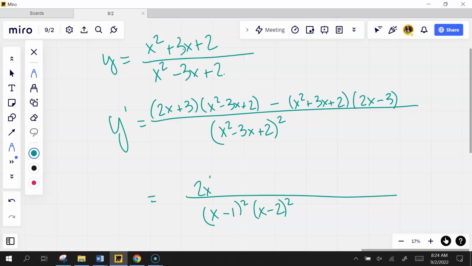2x cubed minus 6x squared plus 3x squared minus 9x plus 6. Did I miss one? I missed one. I missed 4x.